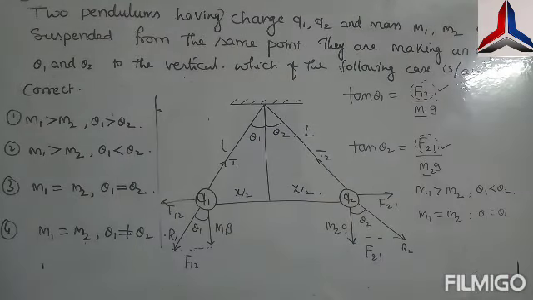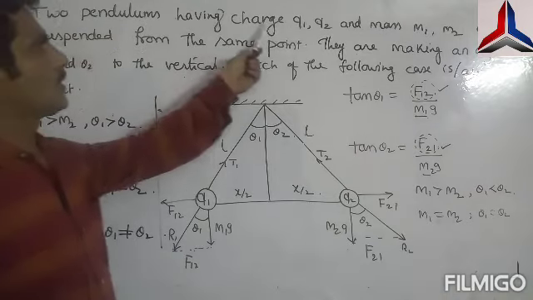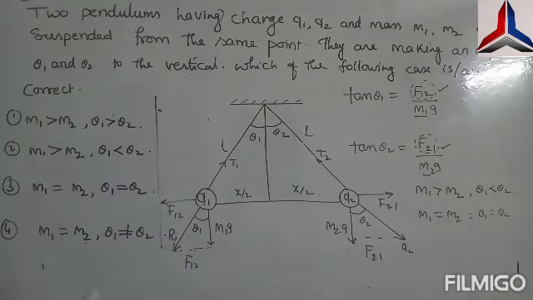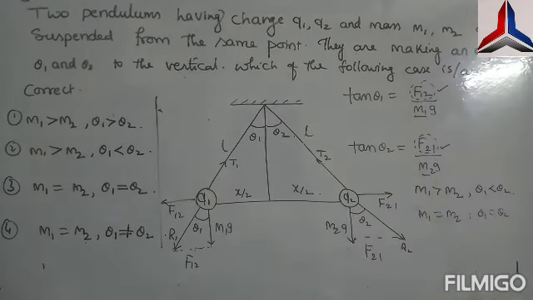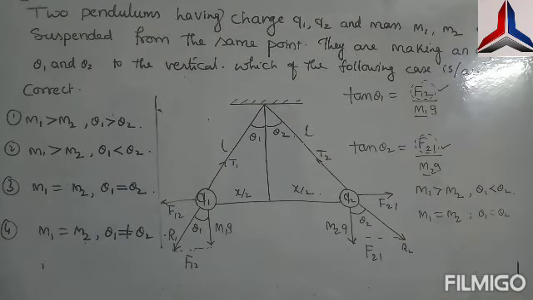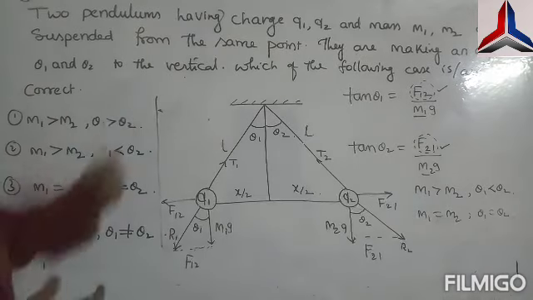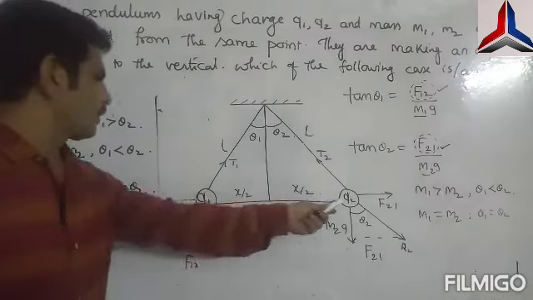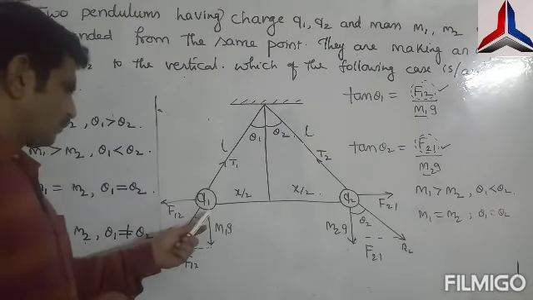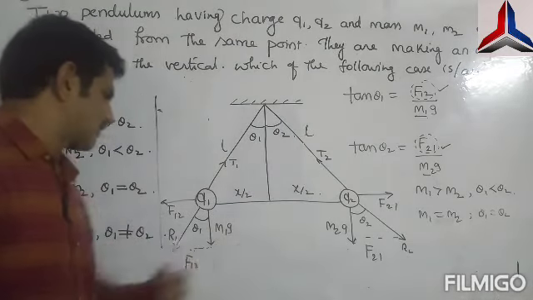So try to understand. Two pendulums having charges Q1 and Q2 and masses M1 and M2 are suspended from the same point. They are making an angle θ1 and θ2 to the vertical. Which of the following cases is correct? These two pendulums Q1, Q2 have masses M1 and M2, so their weights are in the downward direction.